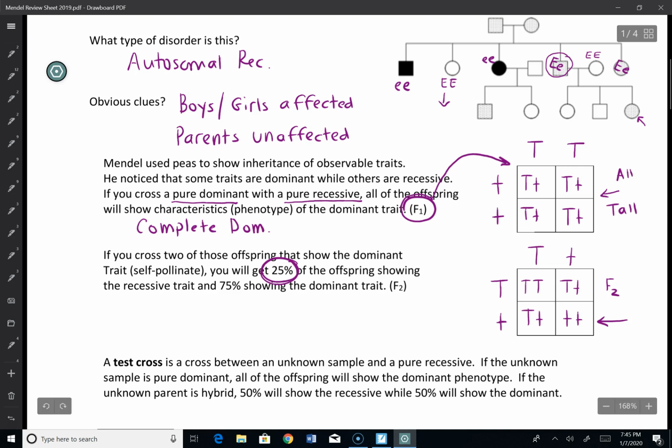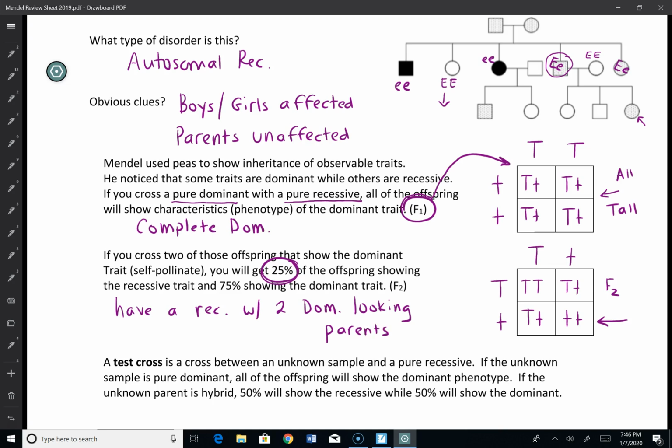So in this case, you could actually have a recessive with two dominant looking parents. And that led him to understand one of his laws known as the law of segregation. And what that says is you can only give one of your two alleles at any one time. That's what led to that spot down there in the bottom right corner, or the pure recessive.